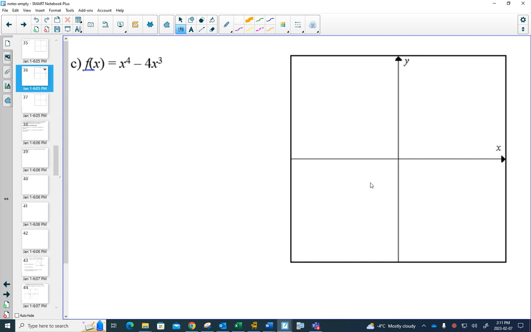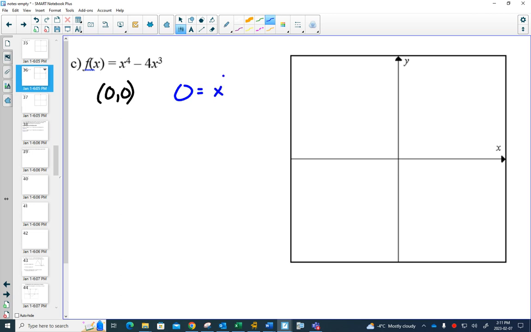For example, on this one, if you plug in 0 for x, you get 0 for y, that will be quite easily your y-intercept and also going to be an x-intercept. If I wanted to find an x-intercept, I would plug in 0 for y and try to solve this.